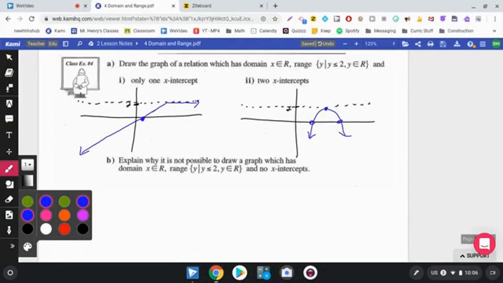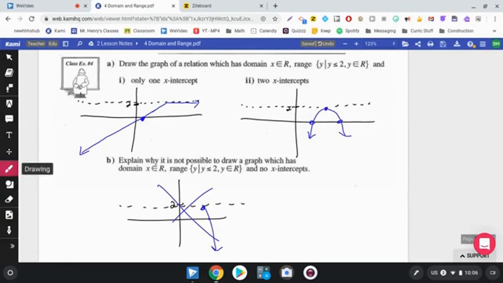Okay, well, the reason for that would be, if I draw another graph like this again, the fact that it says y is less than or equal to 2 and y is an element of the real, if I start at a y value of 2 and I'm going to go down forever for every real value, the only way I can do that is by going through the x-axis. So yeah, it makes sense. If y starts above the x-axis and never stops, of course you're going to cross the x-axis.